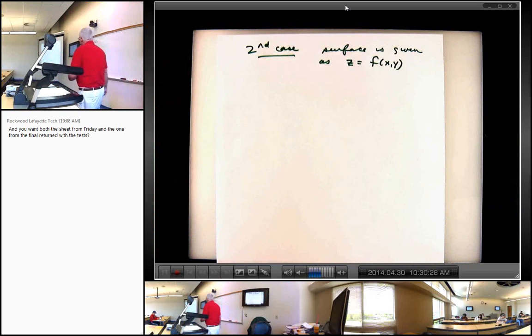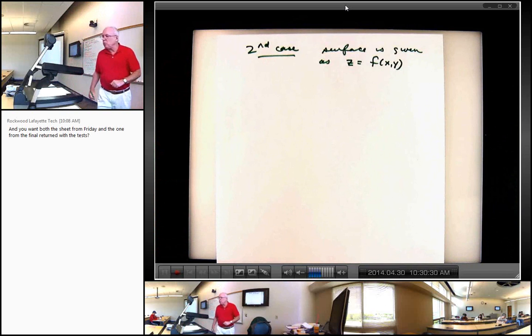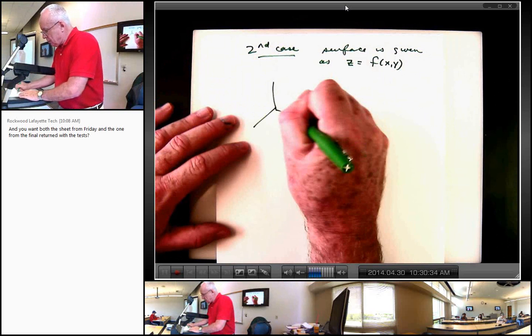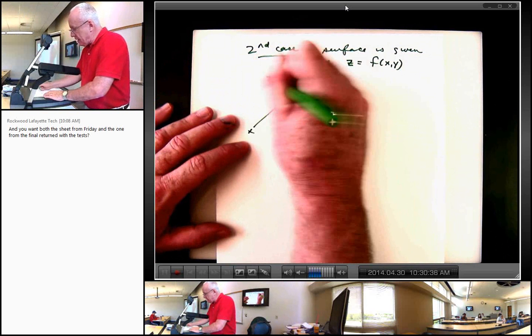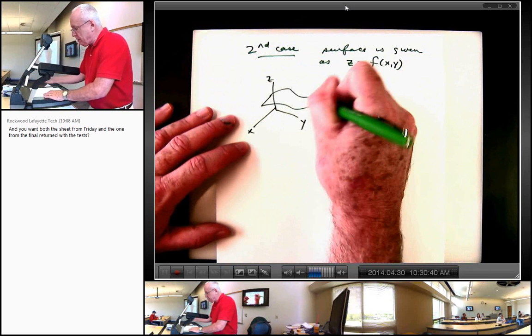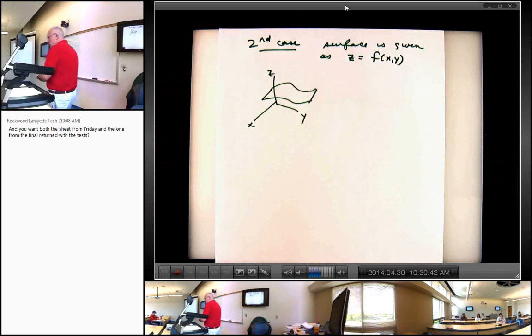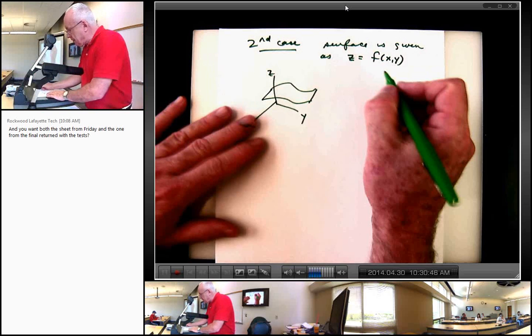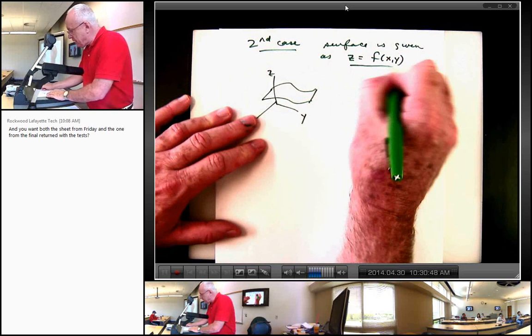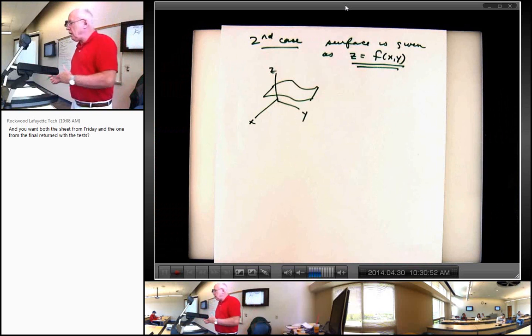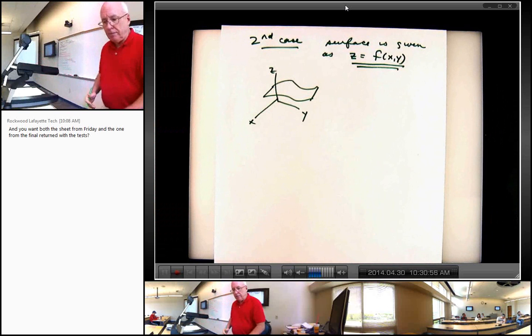All right. So we've seen this kind of thing before. X, y, and z. As x and y vary, z varies, and we end up with some kind of surface floating around. Okay. So this is the case where the surface is given in this format, instead of a parameterization with the 3 components, it's just given as this type of thing.